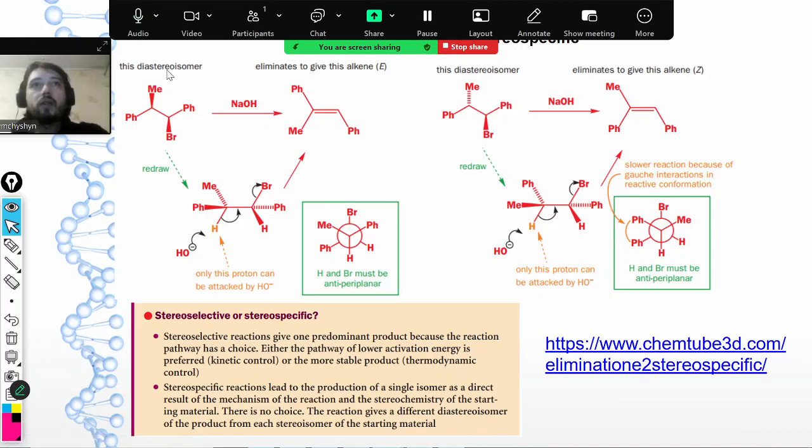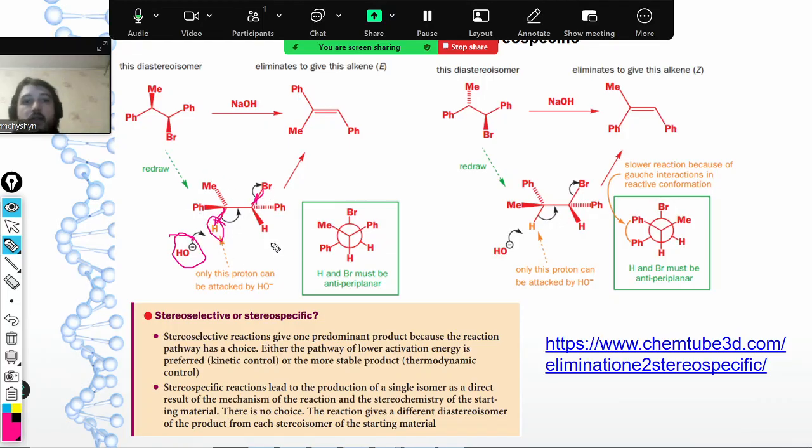And here we have the elimination reaction, and this is the result. So you cannot get something different like this phenol group on the other side. So that's only what we have. So alkene E, you cannot get Z. That's because only these proton can be attacked by the OH minus, by the base, and it should be on one line with the bromine atom.